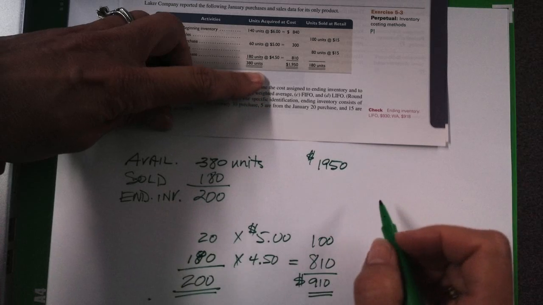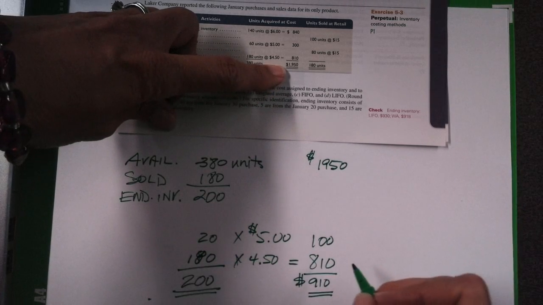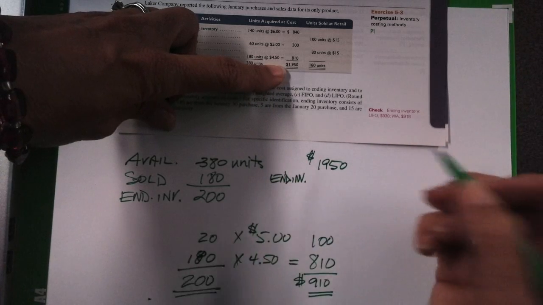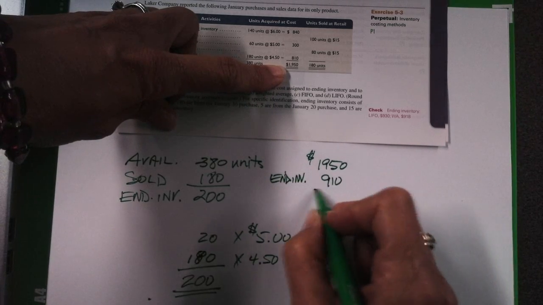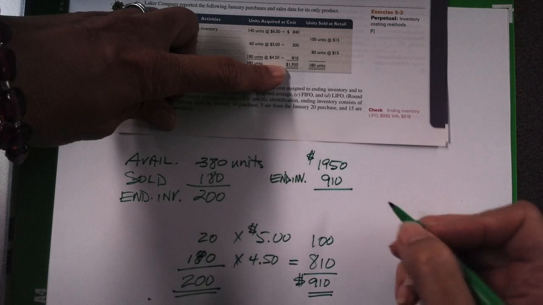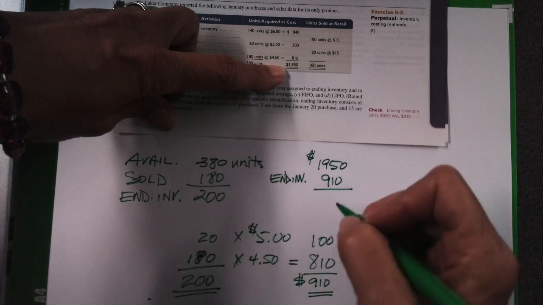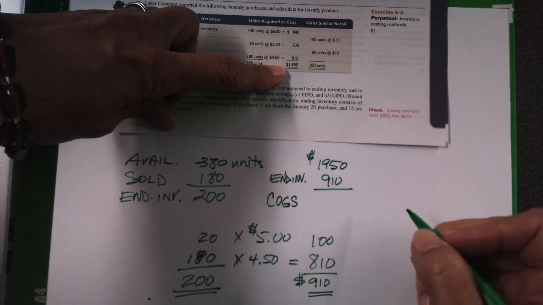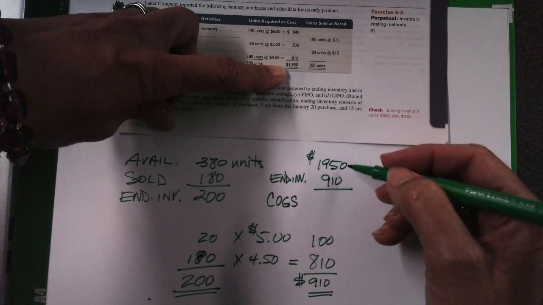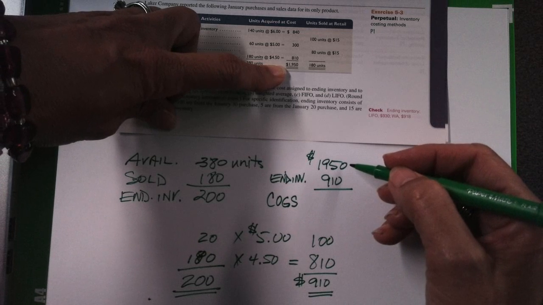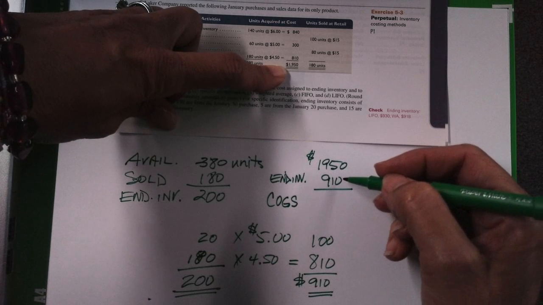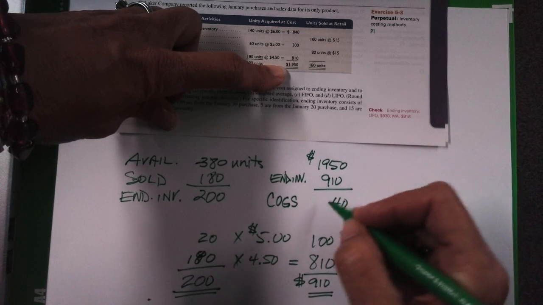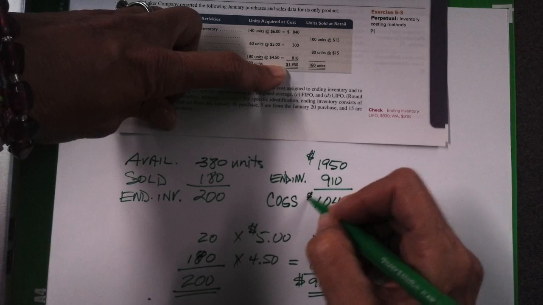I can subtract the ending inventory of $910. Whatever is left, apparently the difference between those two would be my cost of goods sold. See, $1950 is the total value of all the inventory I had during this period. My ending inventory is $910. So apparently I sold off $1040.